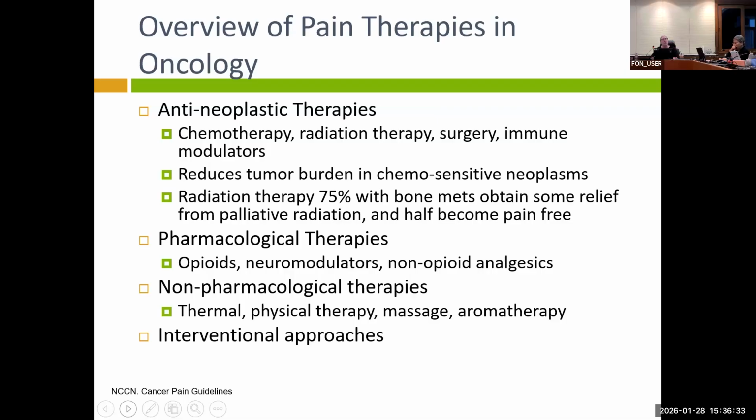Like we said, we're trying to have more non-pharmacological over pharmacological. So looking at massage, physical therapy, heat, cold packs, aromatherapy, distraction, and then again, the interventional approaches would be like the blocks.